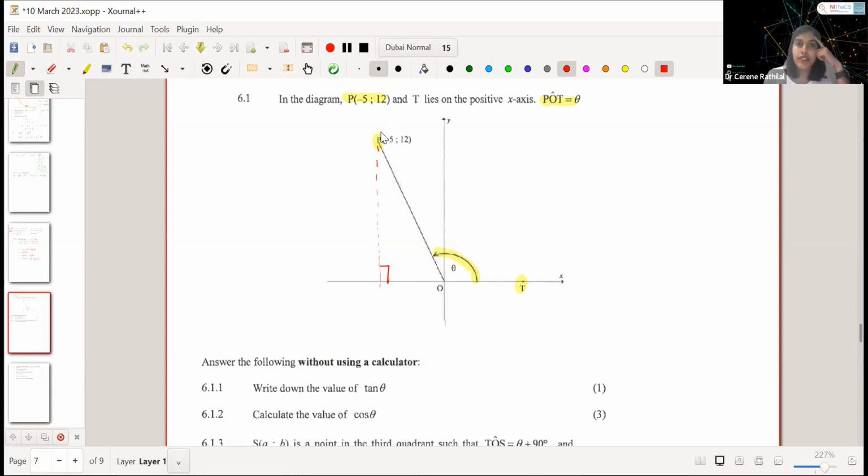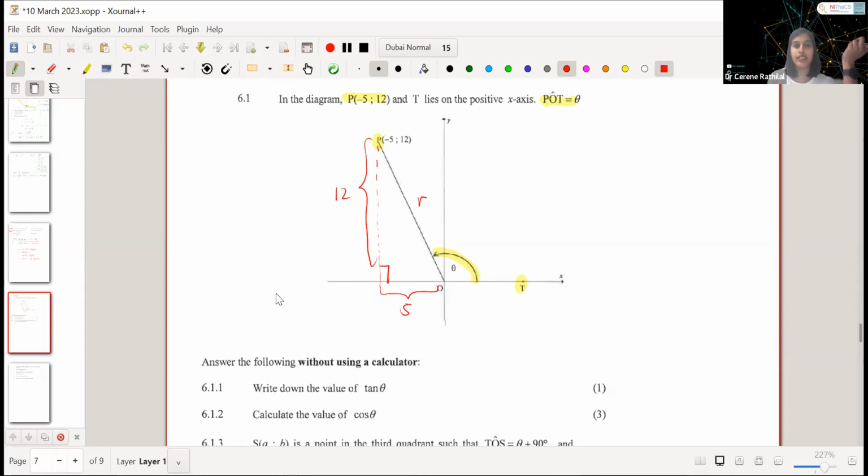And what we have is the X here, the base is 5 units and the Y value is 12. So that's the first thing. It's the hypotenuse that is unknown to me, so I'm going to label that R. We're going to observe that perhaps we're going to need to calculate it.